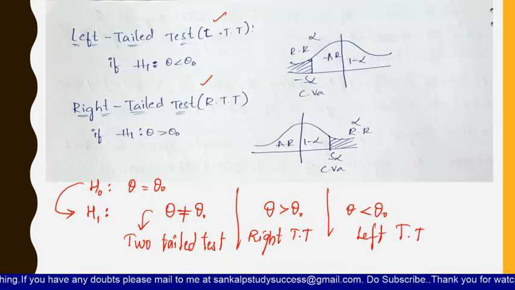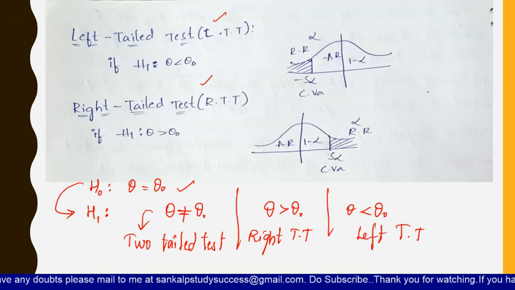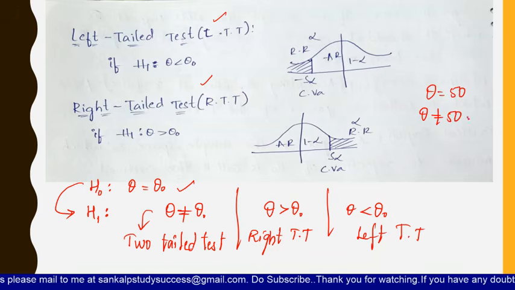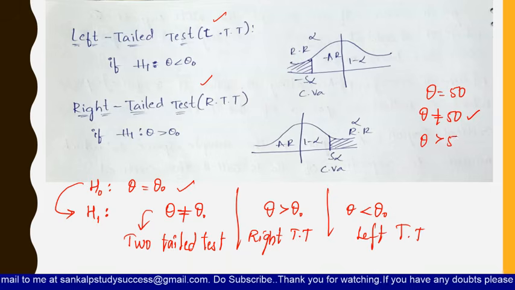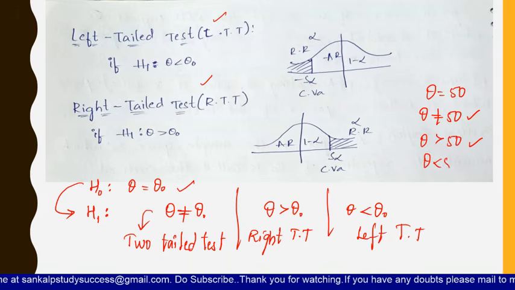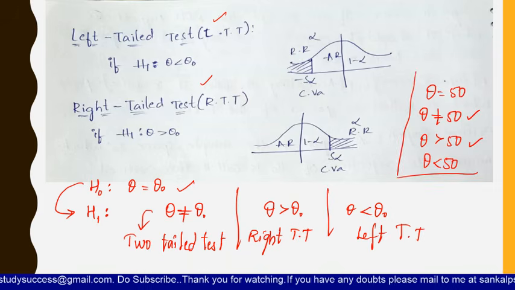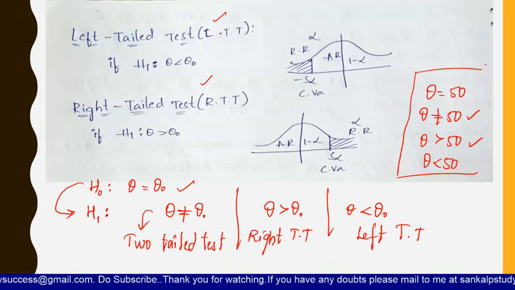For example, if the null hypothesis is theta equals 50: if theta is not equal to 50, then it is a two-tailed test. If theta is greater than 50, then it is a right-tailed test. If theta is less than 50, then it is a left-tailed test. In this way, you consider whether the given one is two-tailed, left-tailed or right-tailed.